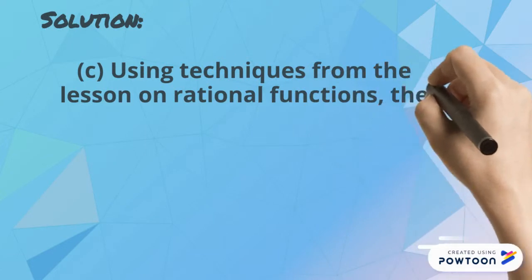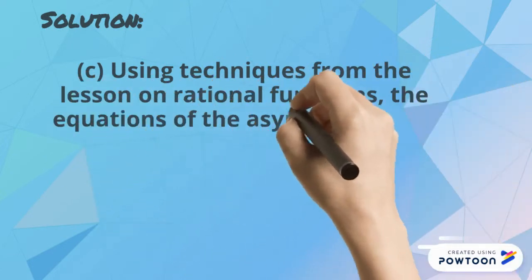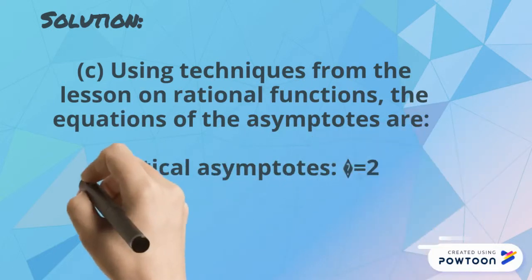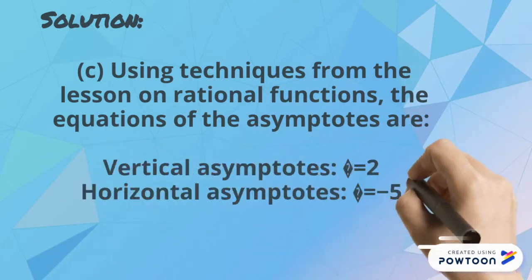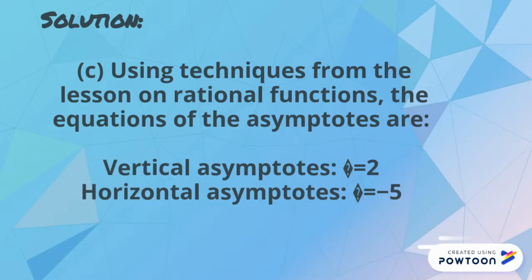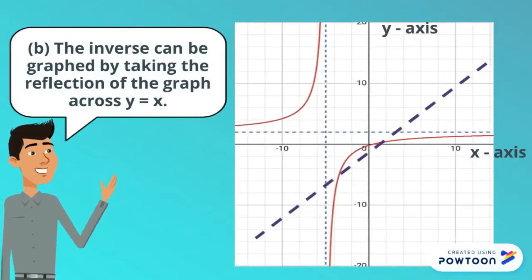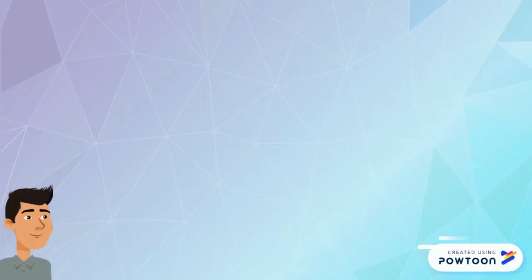B. Using techniques from the lesson on rational functions, the equations of the asymptotes are: vertical asymptote x is equal to 2, horizontal asymptote y is equal to negative 5. Letter C. The inverse can be graphed by taking the reflection of the graph across y is equal to x.